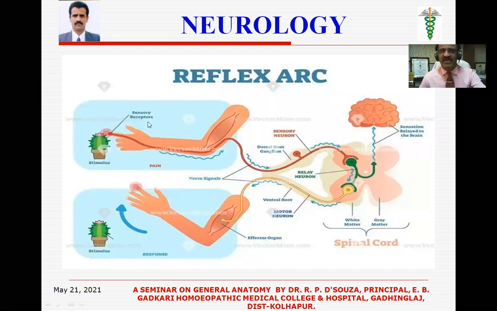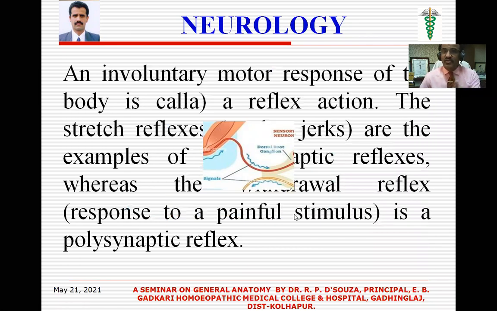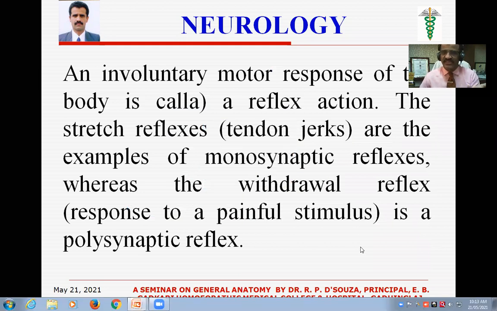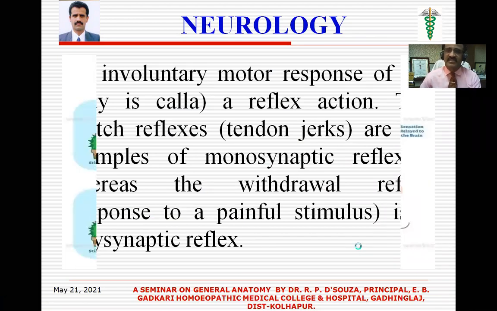So if the hand is burning, you get a pain, so immediately you take it back. So this is the starting of the reflex arc, sensation, and motor action is the end of the reflex arc. This is the provision everywhere in the body as far as response to a painful stimulus is concerned. And for the stretch reflexes, the body stretches. For that purpose, you require a monosynaptic reflex. These are the basic types of reflex I told you right now.